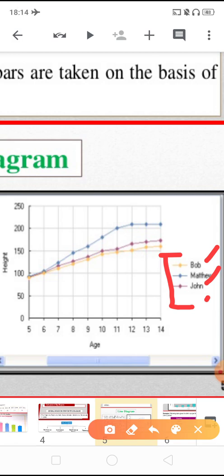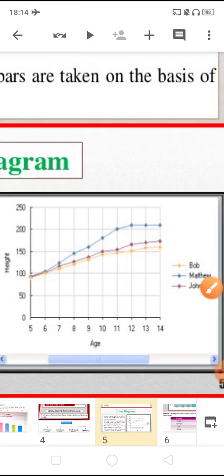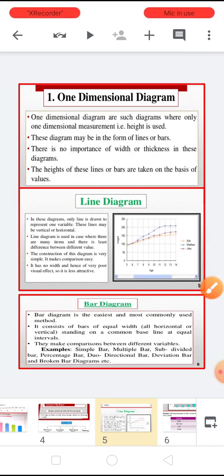So you are basically finding this kind of variation in their height in the different age groups. This is called your line diagram, children.